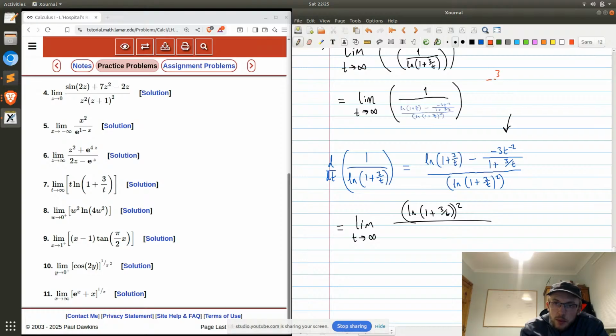So minus 3 over t squared. One plus 3 over t is t over t plus 3 over t, which is t add 3 over t. So it becomes that. Right?